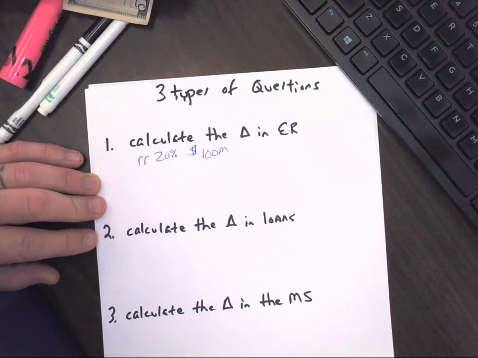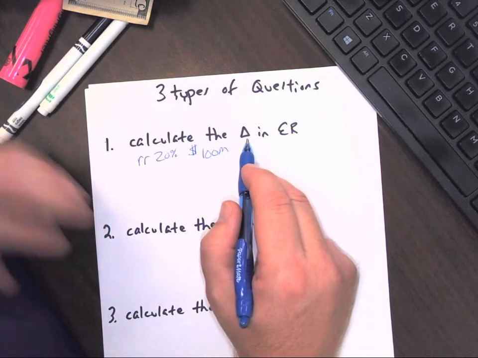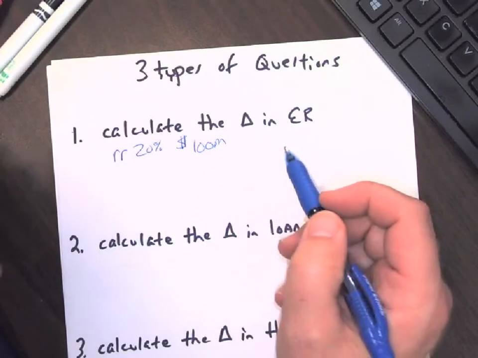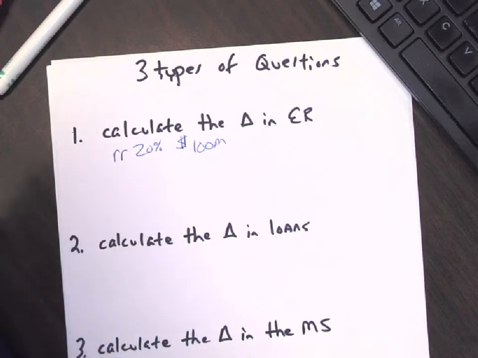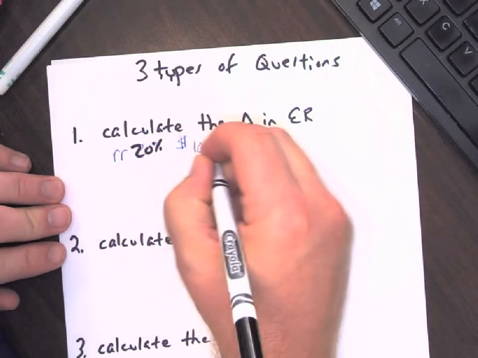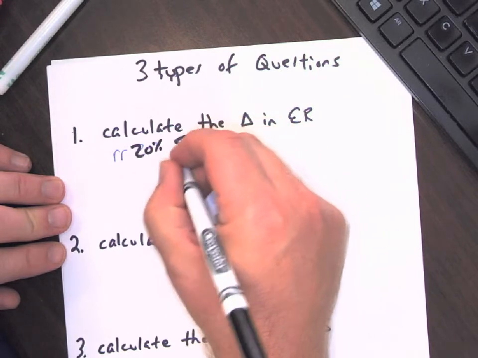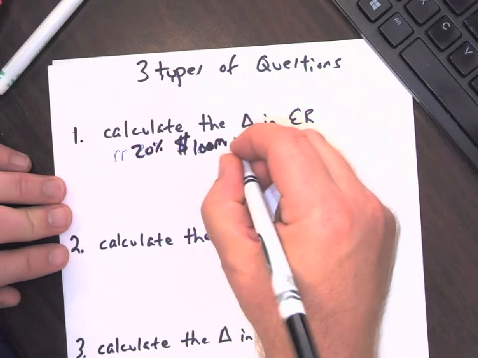So if I want to find a change, and I use delta, this triangle, a change in excess reserves. So we've got our 20% reserve ratio and $100 million in demand deposits.